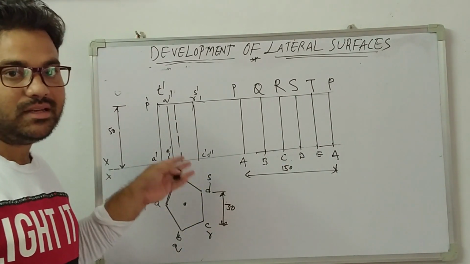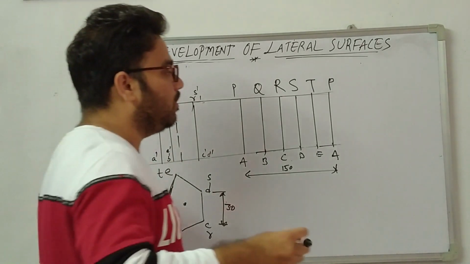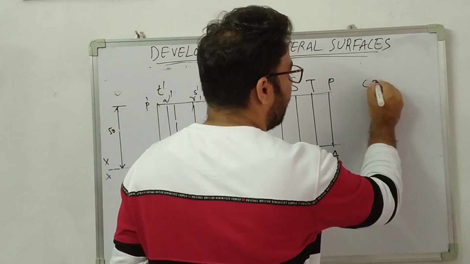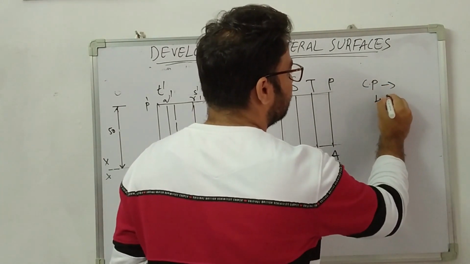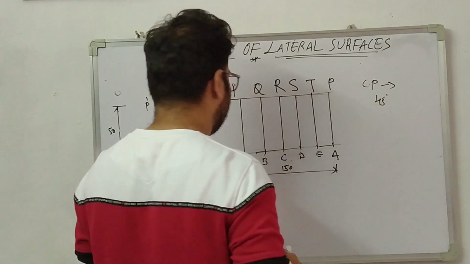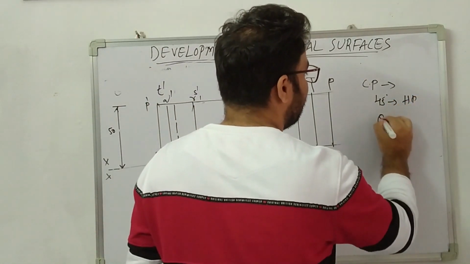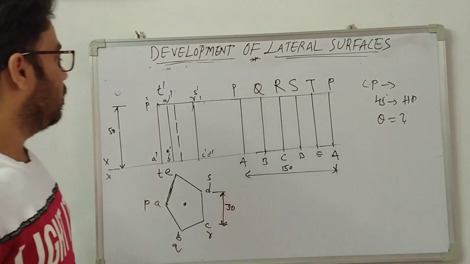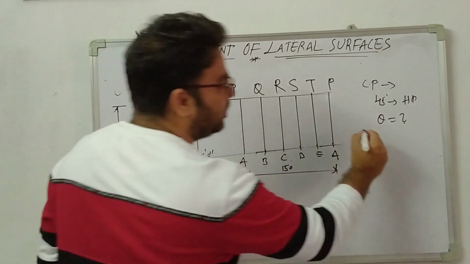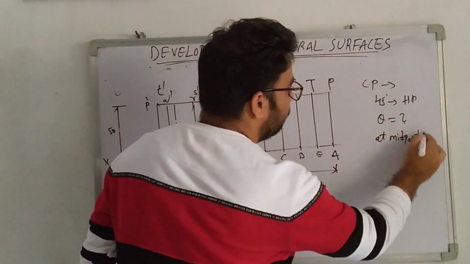If the cutting plane is indicated in this problem, what is the cutting plane? The cutting plane is making an angle of 45 degrees with respect to the HP. So theta is mentioned in the problem. From exactly the midpoint onwards, the cutting plane is indicated.